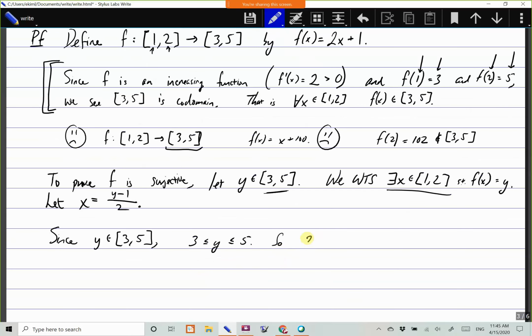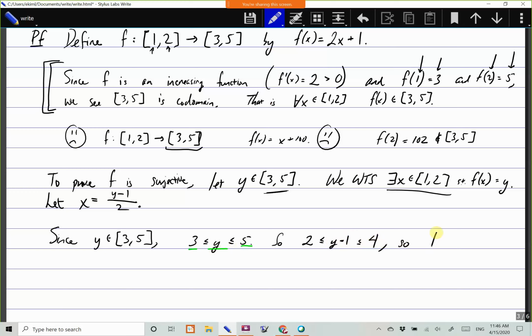So 3 minus 1, or 2, less than or equal to y minus 1, less than or equal to 5 minus 1 is 4. So on all 3 sides, I take each of the things underlined in green, and if I subtract 1, I should have this new double inequality. And then I'm going to take all the sides of this inequality and divide by 2.